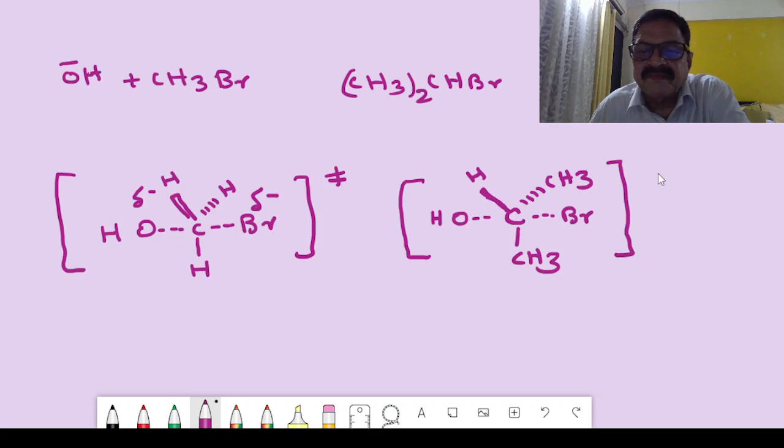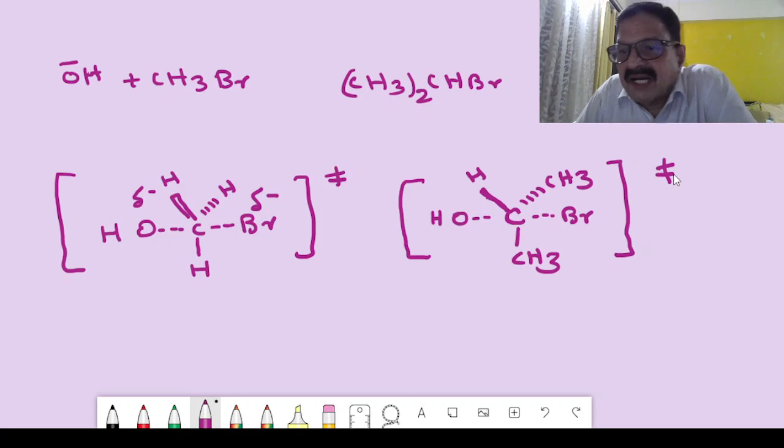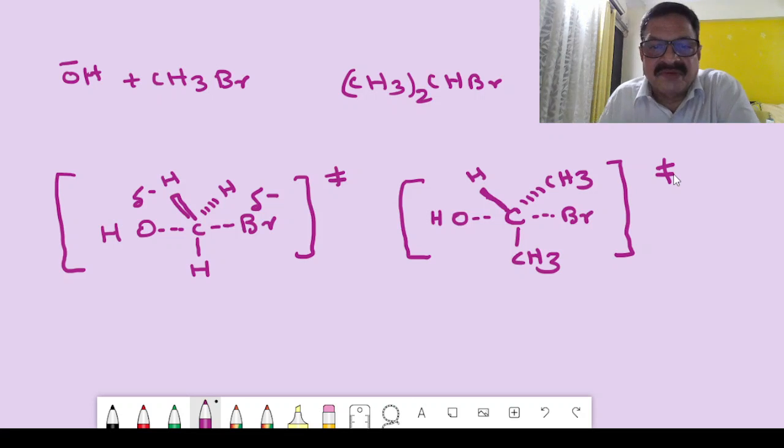So this is the transition state involving the other alkyl halide in the Sn2 reaction.